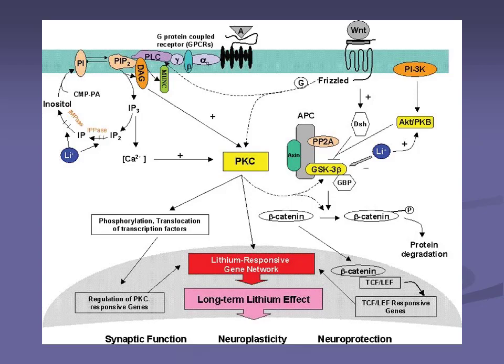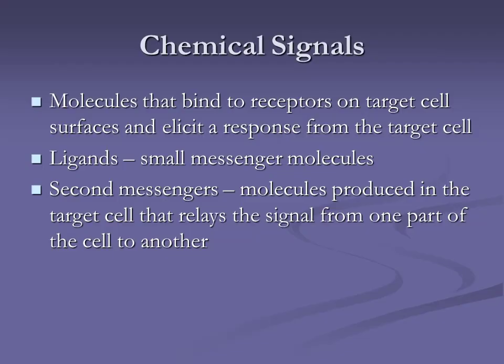Ligands, small chemicals, the messengers that bind to the receptors. And we've already seen our second messengers. Those are the relay proteins, the relay chemicals inside of the cell that are initiated into motion by binding of the ligand to the receptor.